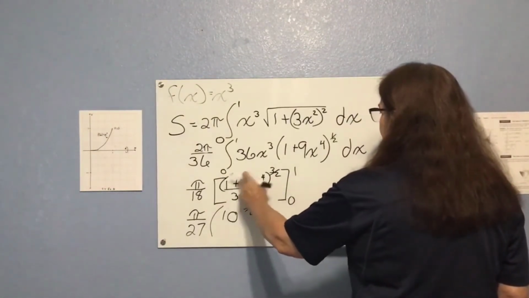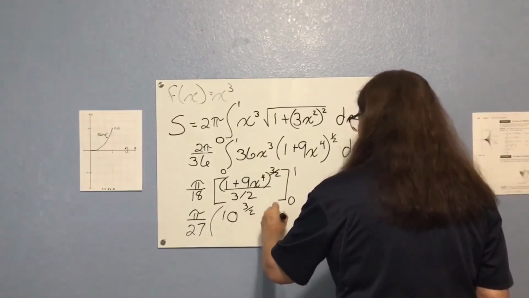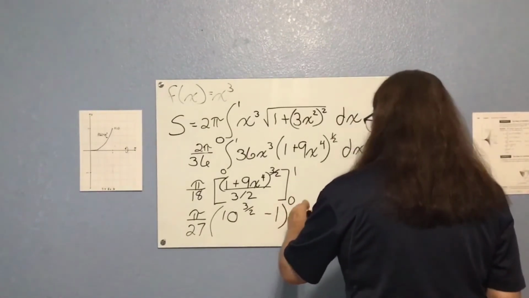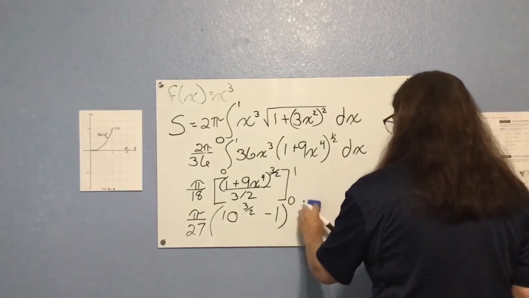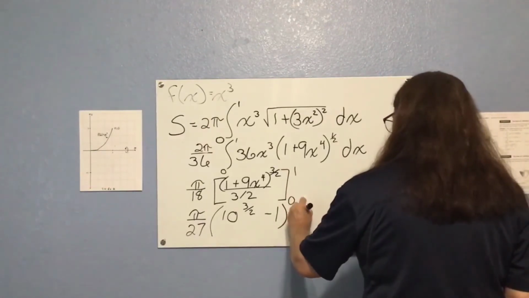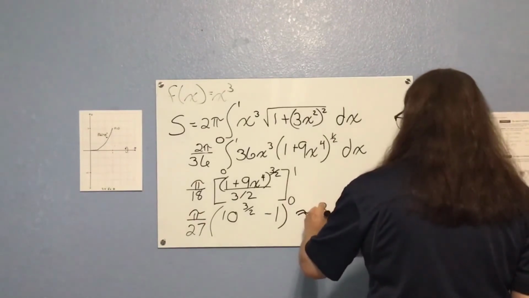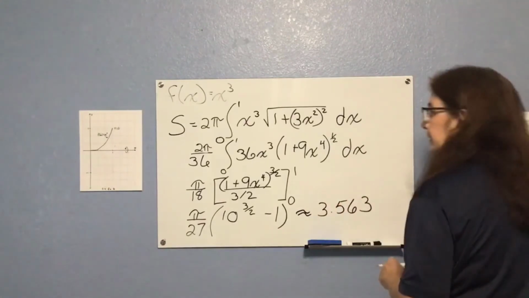Well, if this is 0, I have 1 to the 3/2, which is just 1. So 10 to the 3/2 minus 1. And this works out to approximately, not exactly, 3.563.